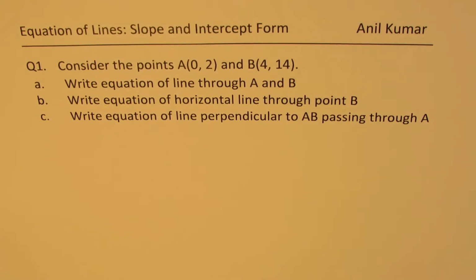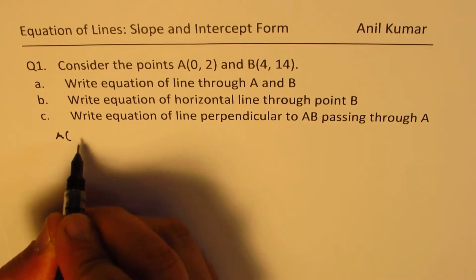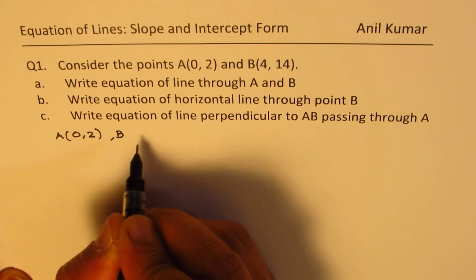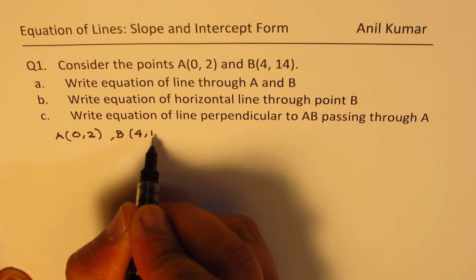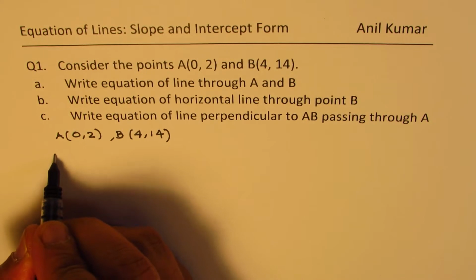Question number 1. Consider the points (0, 2) and (4, 14). We need to write the equation of the line through these 2 points. We are given point A, which is (0, 2), and point B, which is (4, 14). Now to find the equation of the line, let us first find the slope.